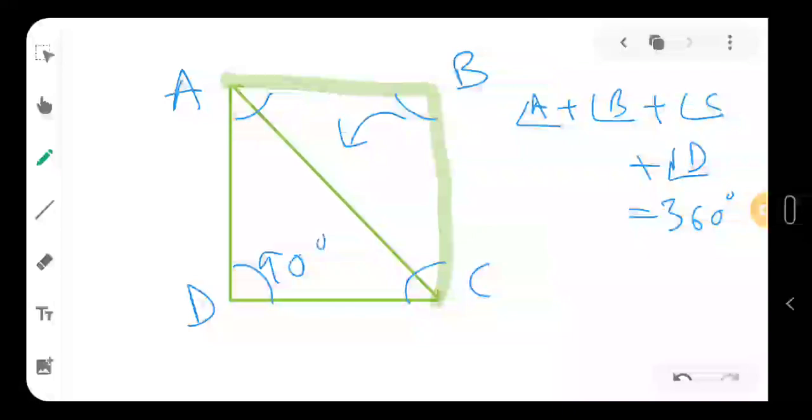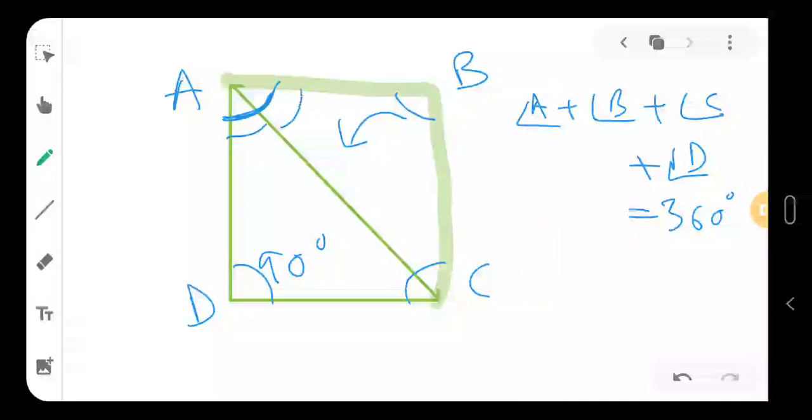Now, one thing you see here, when this is a square and you have a diagonal AC, this straight line divides this angle also into two equal halves. One is this part, another one is this part.